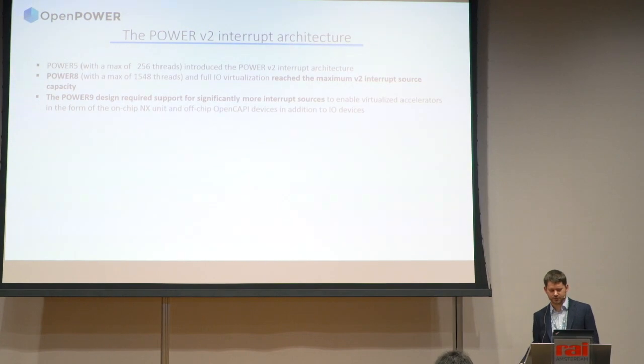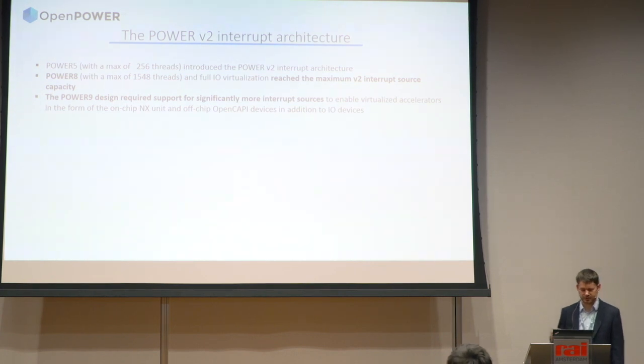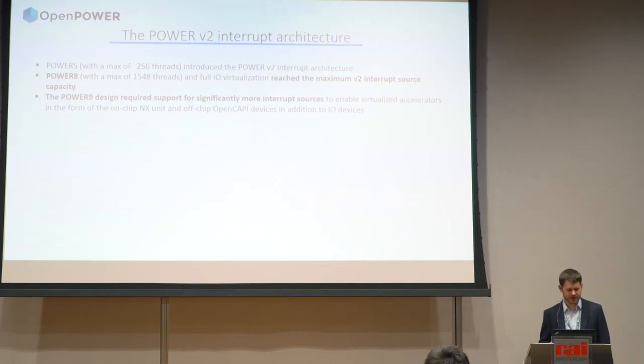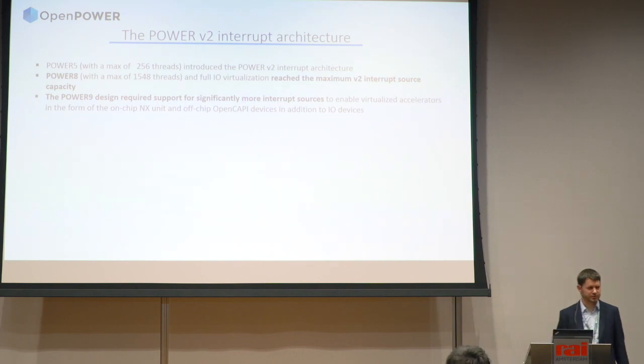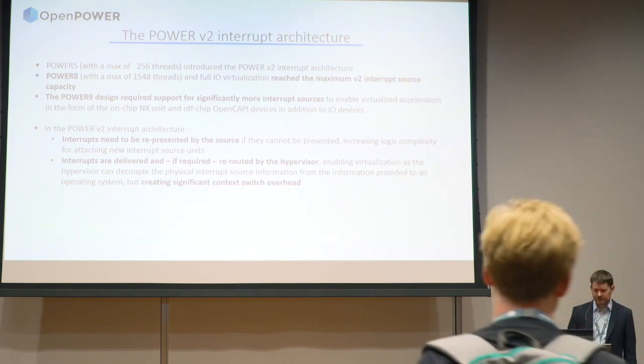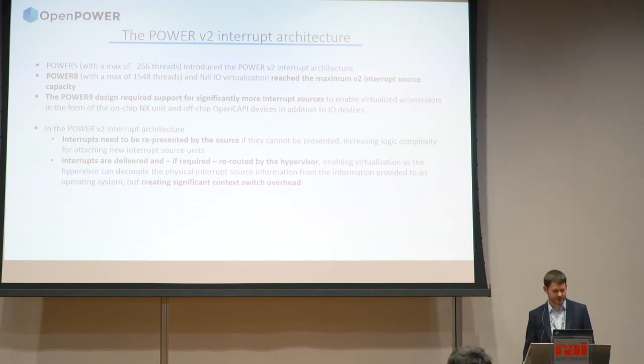For Power 9, there was then the desire to also have the on-chip accelerators like the NX unit that we introduced on Power 7 Plus and Power 8, as well as OpenCAPI adapters, being able to use a lot of additional interrupt sources. At the same time, the interrupt v2 architecture, because it was already a bit dated, had two restrictions.